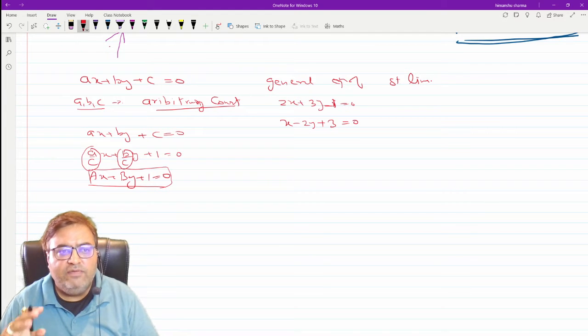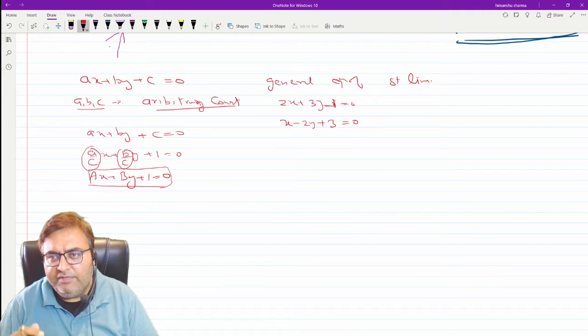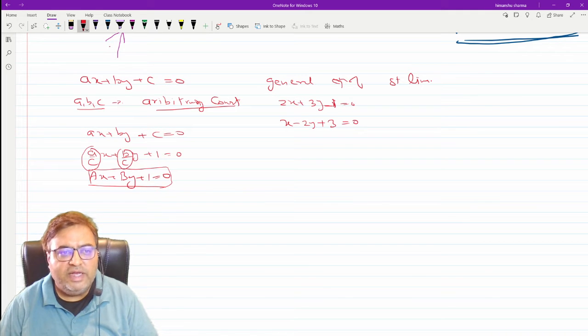So you have to understand one thing very peculiarly, that to find the equation of straight line we require 2 different pieces of information. Now what information is being provided, depending on that we have to decide how we will find the equation of straight line. So depending on the type of 2 pieces of information provided, different forms of straight lines are defined.